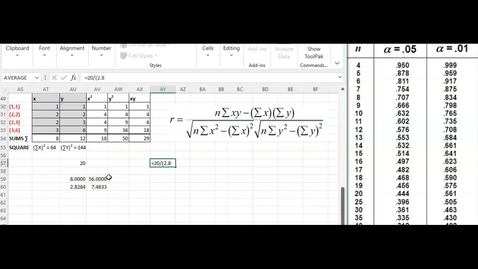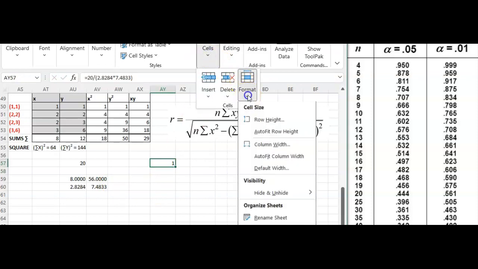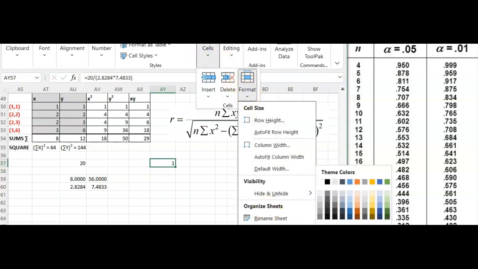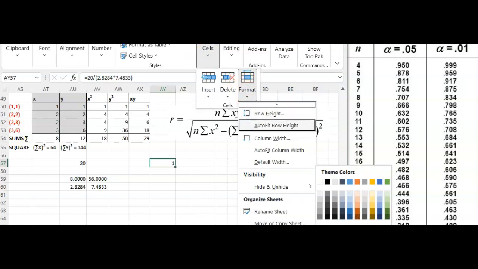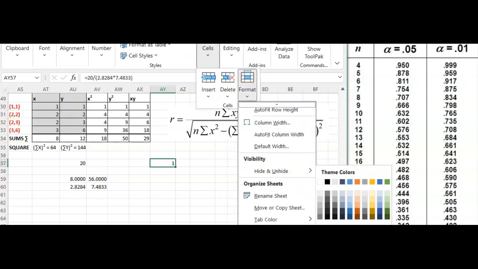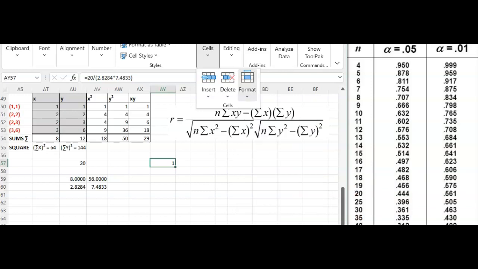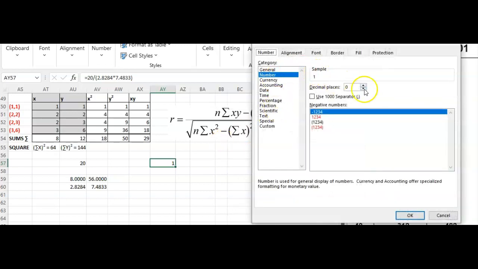So we have 2.82, I may as well do out all the decimal places, times 7.4833. And I think I'm not showing all the decimal places. Format cells, and I can, oh, you can't see that anyway, sorry.